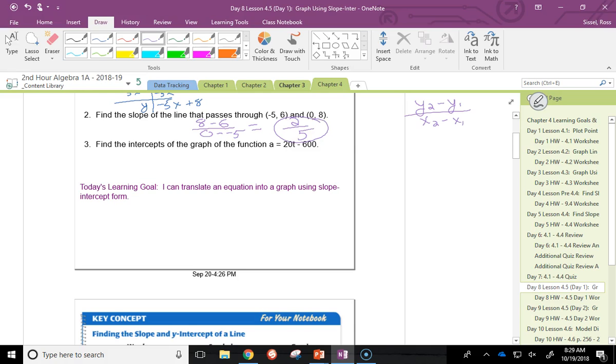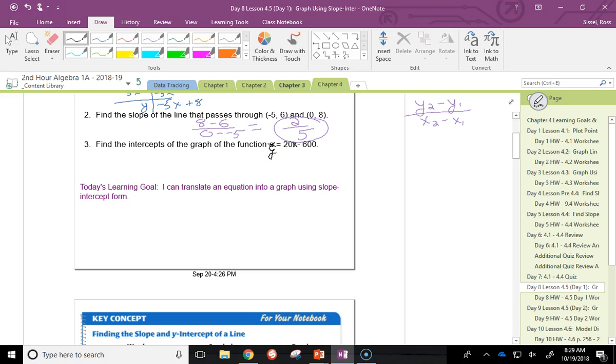Number 3. Find the intercepts of the graph of the function a equals 20t minus 600. Okay? So we have to find the intercepts. Let's not get confused with the fact that they've used a and t. We can just think of this as y and x still.